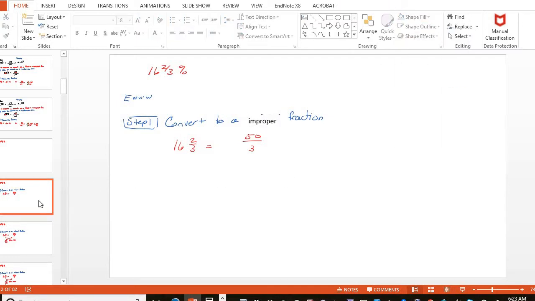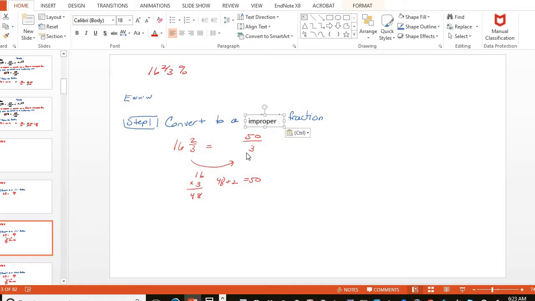There we go. Corrected. Okay, so that's 50 divided by 3. How did I get that? Well, 3 times 16 is 48, and then I need to add this 2, just to remind you where that came from. That's 50. So that's where the 50 came from in the numerator.